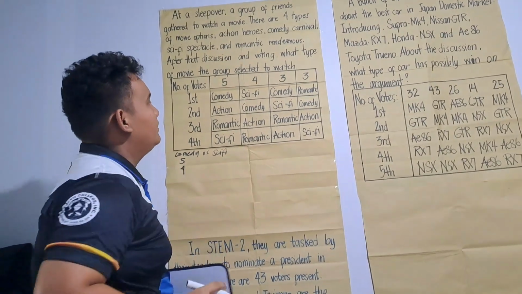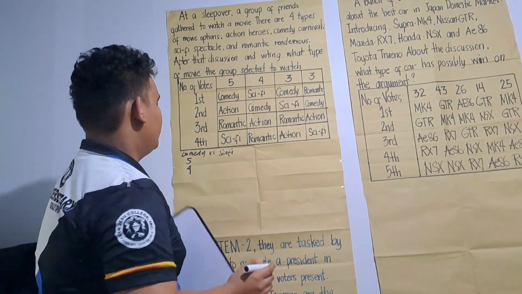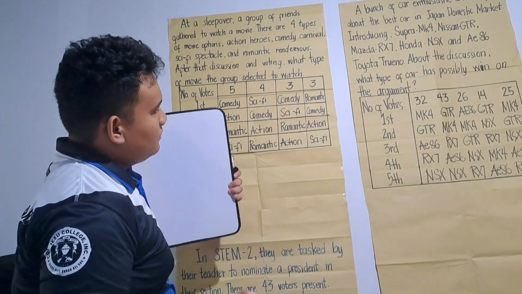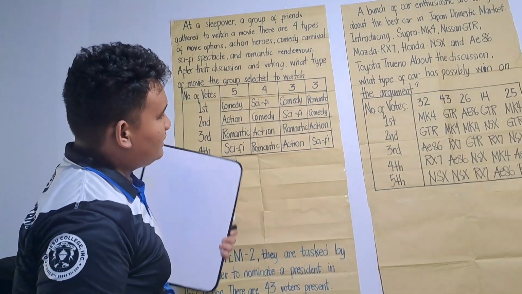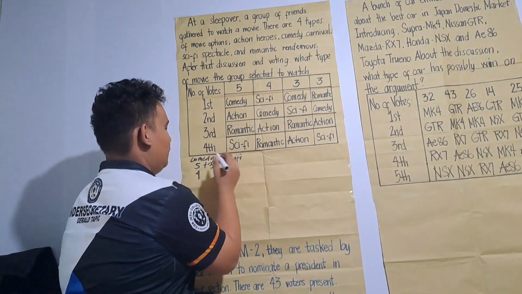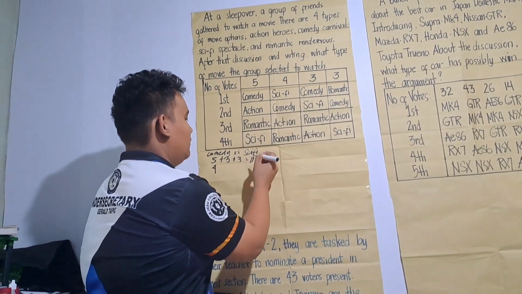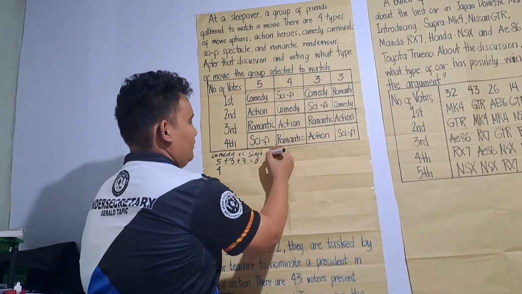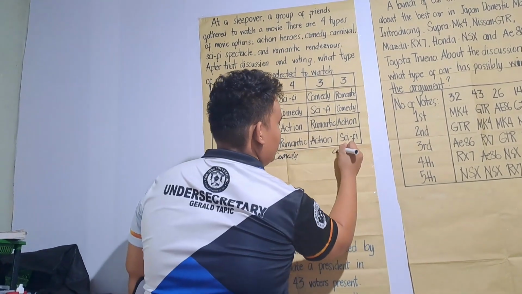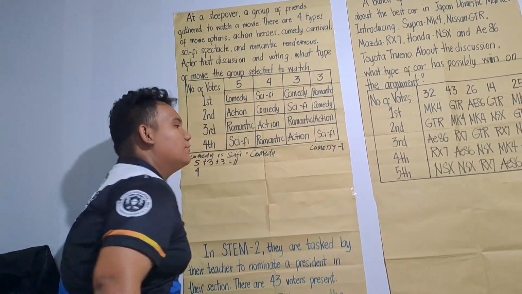Sci-fi has 4. Then in the third column with 3 voters, they pick comedy. And lastly, the 3 voters in the last column choose comedy than sci-fi. So 5 plus 3, 8 plus 3 is 11. So the winner in this matchup is comedy. So comedy already has 1 point.